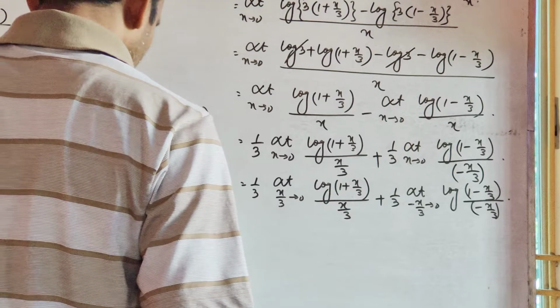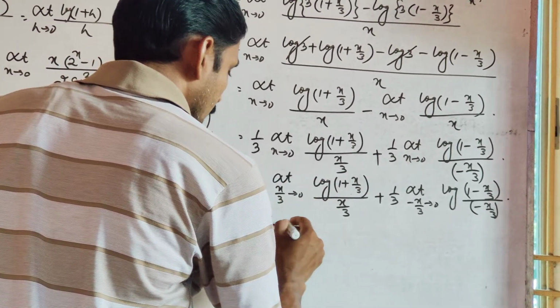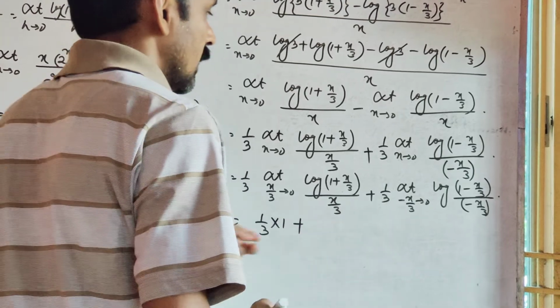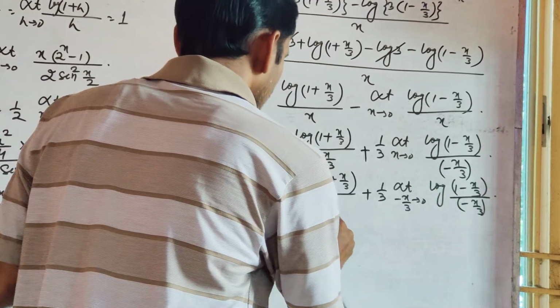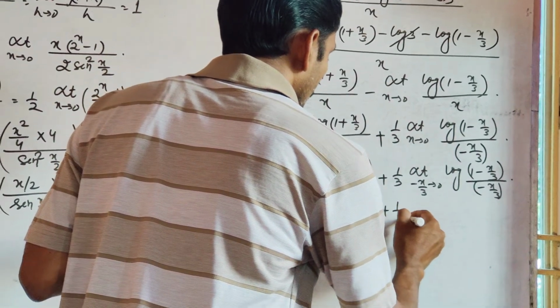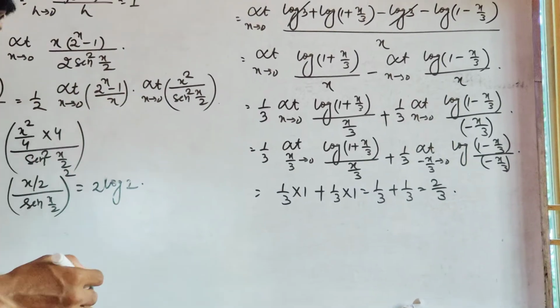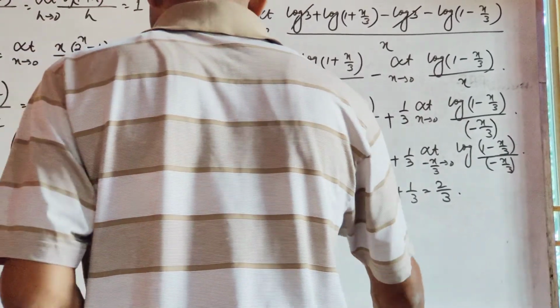Right? So this value become 1. So 1 by 3 into 1 plus this is also 1, 1 by 3 into 1. So 1 by 3 plus 1 by 3 equal to 2 by 3. So this is the solution of this.